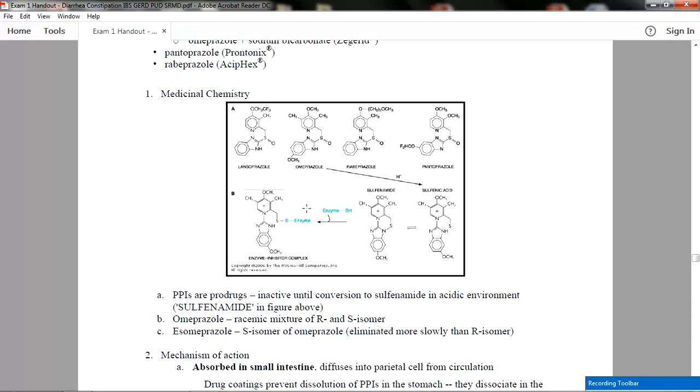But what happens is this metabolite, the sulfenamide, covalently binds to cysteines, specifically on the proton pump. You're not going to see that here, but this is the drug on the left, okay, this is the sulfenamide on the left, and this is just saying enzyme.